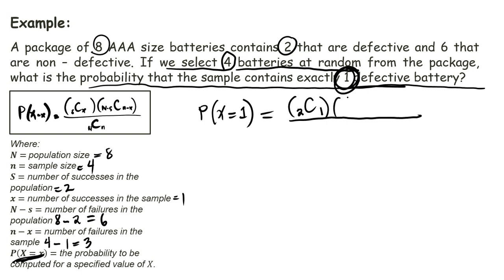And then multiplied by N minus S natin, which is 6. And then combination of N minus X natin at 3. Okay, and then divide by big N, which is 8, C, small n, which is 4.